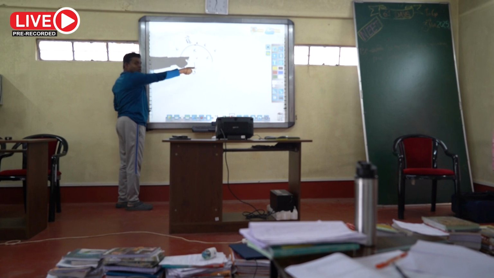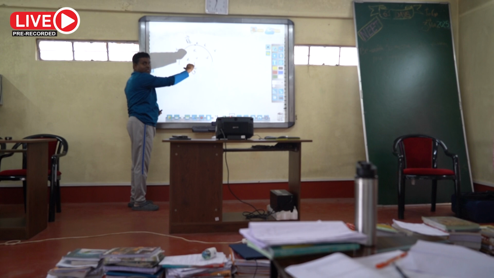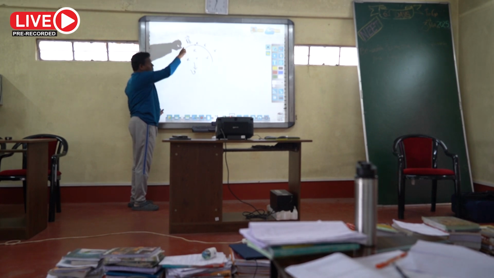So the force is on this side for a positive charge, but since this is an electron, Q is minus e, so the force will be on that side.